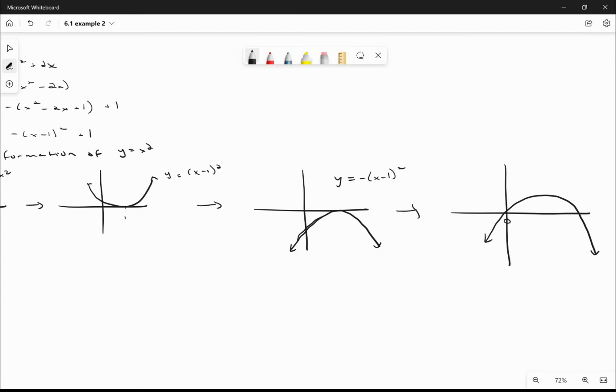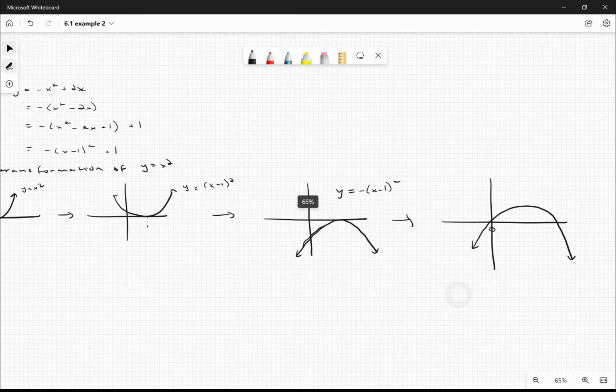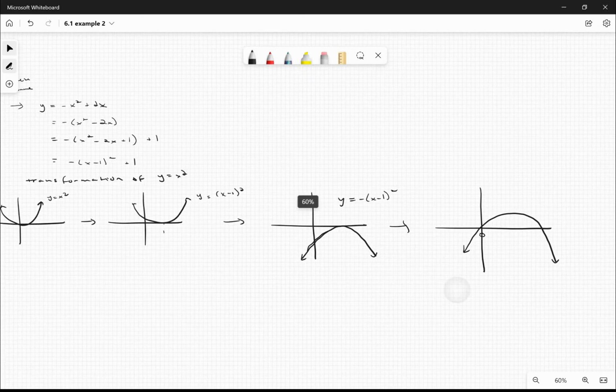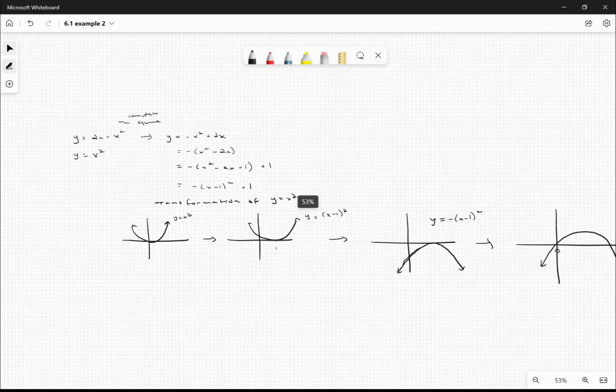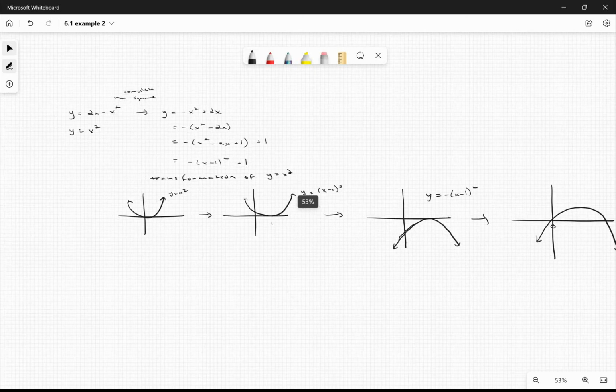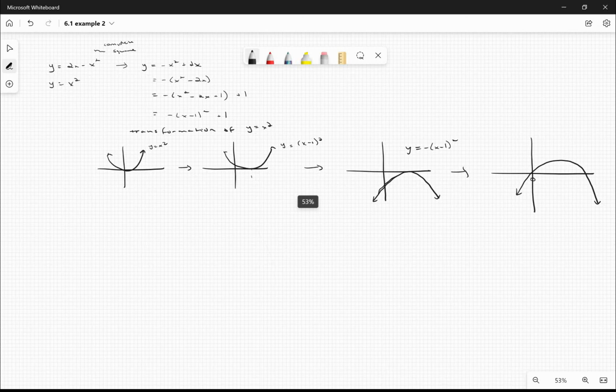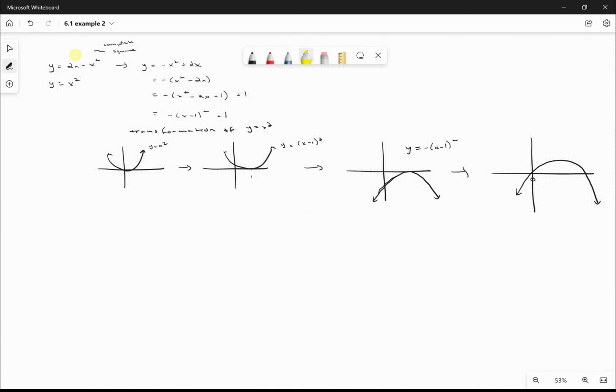And we can use what we found here to actually graph this region that is between these two curves, right? So now we have the curve y equals x squared.